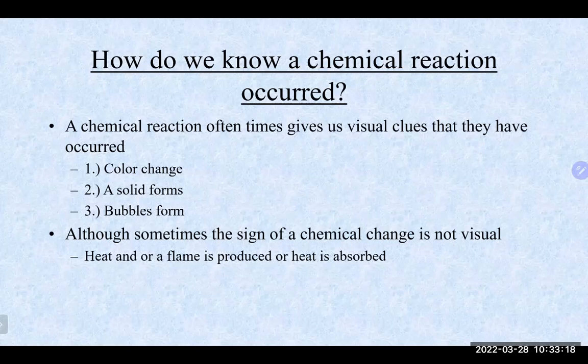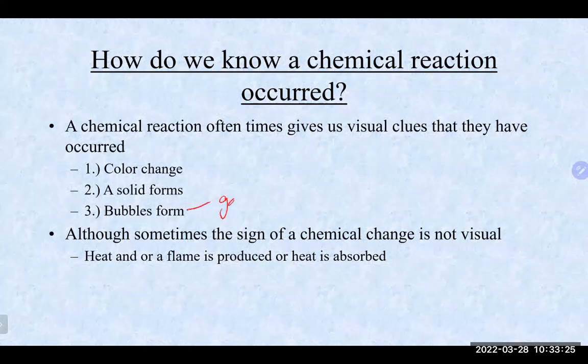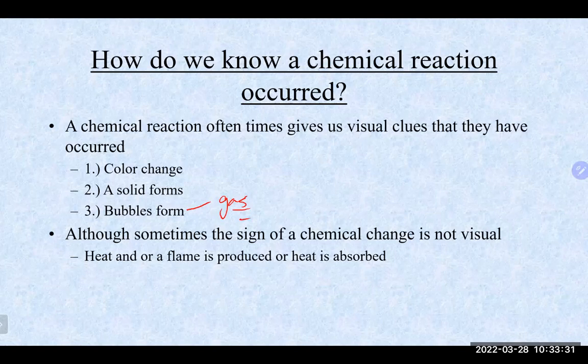When you see bubbles, that is usually some indication that a gas is being formed. So when we visually see bubbles occurring in a reaction, that's usually that indication of some type of gas.